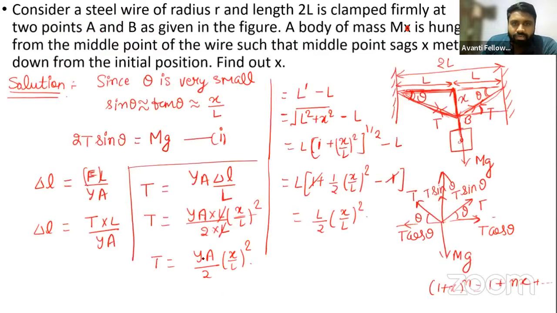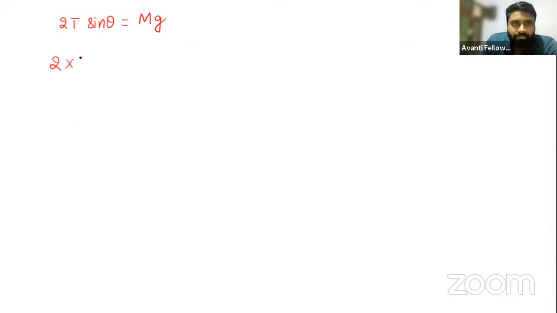In equation number 1, 2T sin theta is equal to capital M into G. The tension T we have already calculated. It is YA by 2 into (x by capital L) whole square.